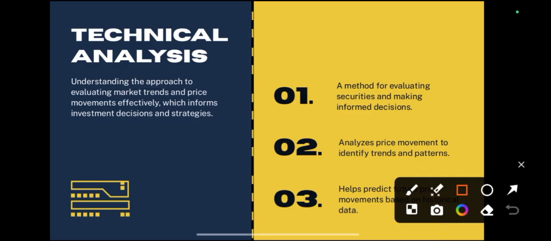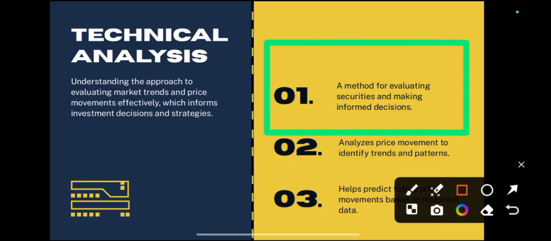Technical analysis is a method for evaluating securities and making informed decisions. If you want to take a trade, you must do the technical analysis. Why? Because technical analysis is about using the past history to determine the movement of the market, whether the market will be uptrend or downtrend.